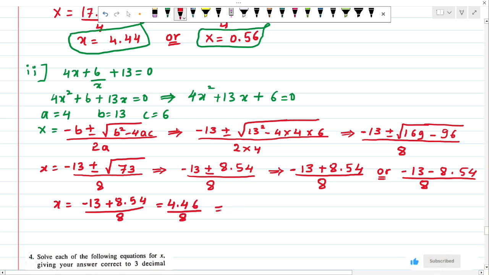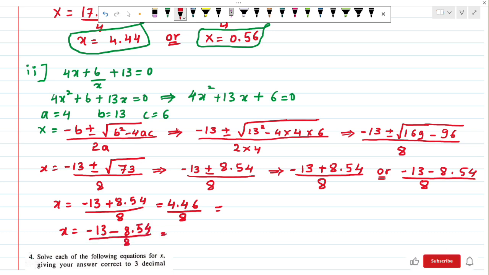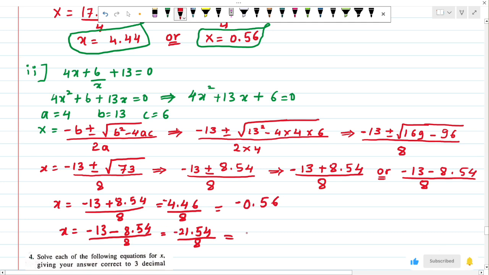The second possibility is minus 13 minus 8.54, which is minus 21.54, divided by 8. If I solve this, I'll get the values of x as minus 0.56, and this is also minus 2.69. So these are the two values of x.